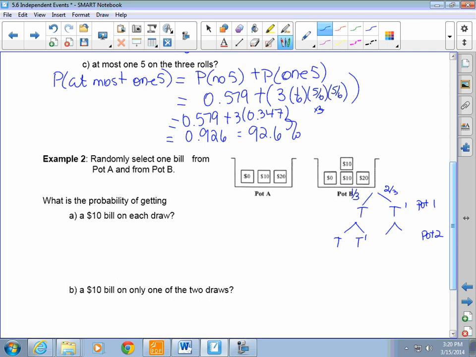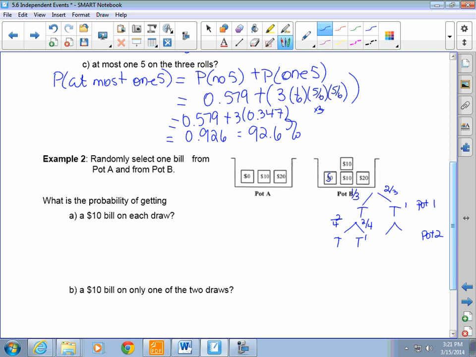I think that's supposed to be a 50, but it must have got chopped off. Same thing there. So I have 2 10s out of 4 bills. So probability of not getting a 10, that means I've got these other 2, so 2 out of 4.